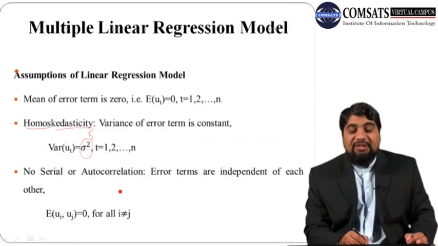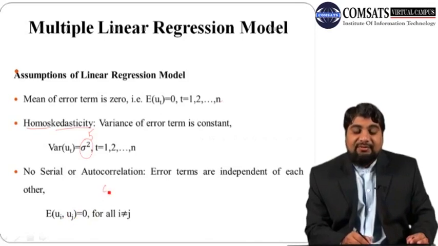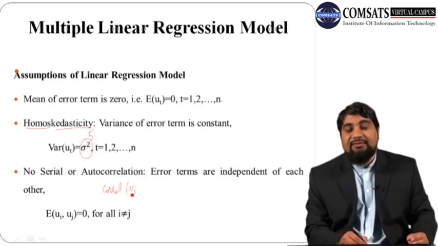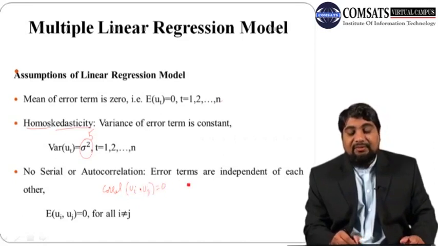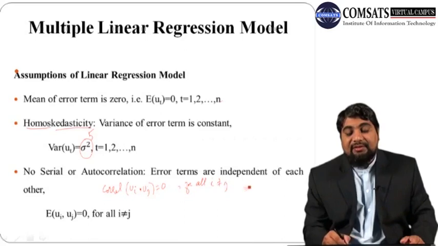So it means the correlation between ui and uj must be 0. So correl between ui, uj, I'm using Excel notation, you can even use simple r to denote correlation. So correlation of ui, uj is 0 for all i different from j, and both i and j range from 1, 2, 3 up to n.